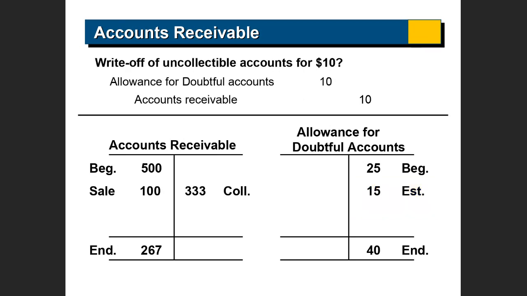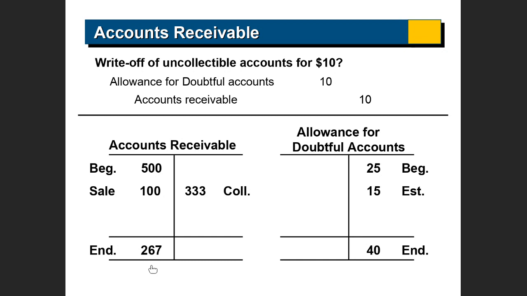So let's continue. We have here something called write-off of uncollectible, now of $10. Now you see, we have 267 as accounts receivable, and we have 40 as allowance for doubtful accounts. Allowance for doubtful account means I suspect that I'm not going to collect.